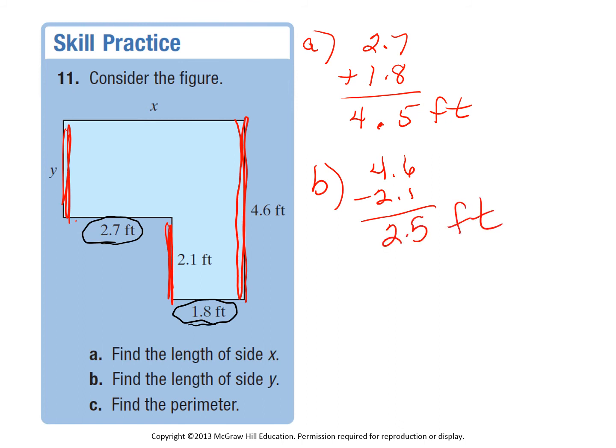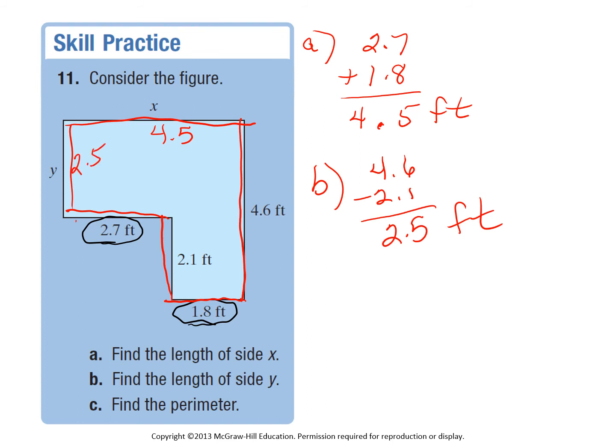And then they want me to find the perimeter. So the perimeter is all the way around. So we're going to add this 4.5 plus 4.6, 1.8, 2.1, 2.7, and my Y, which is 2.5.